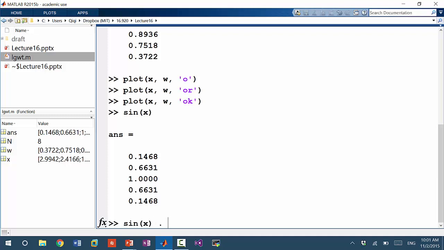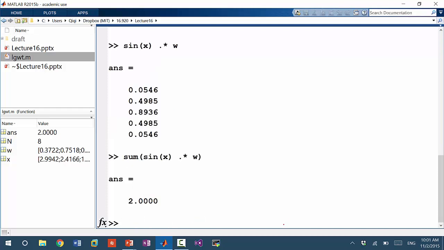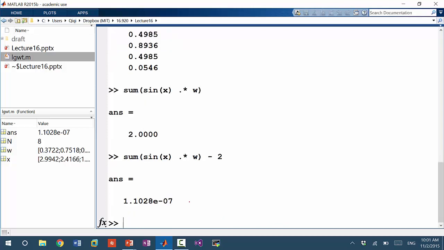I would multiply each point with the respective weights, and I would sum them. As you know, the integral of sine of x from 0 to pi is actually 2. So we can test the accuracy. The error is 10 to the minus 7. It's pretty good, and I'm using only 5 points.